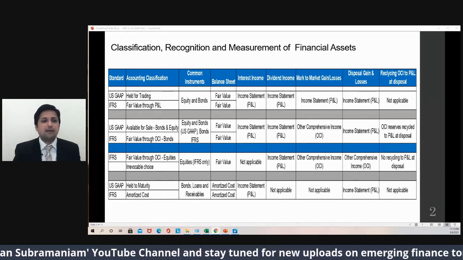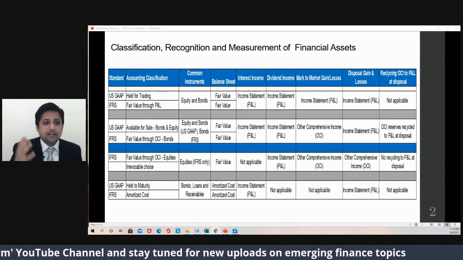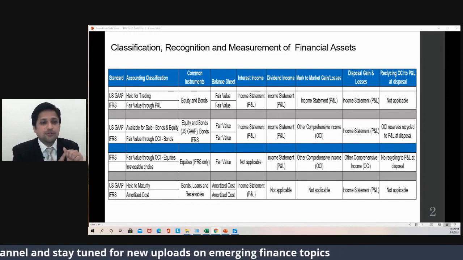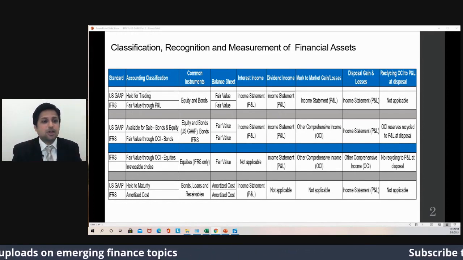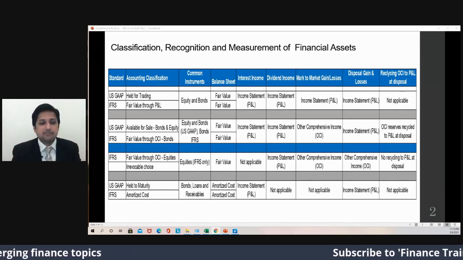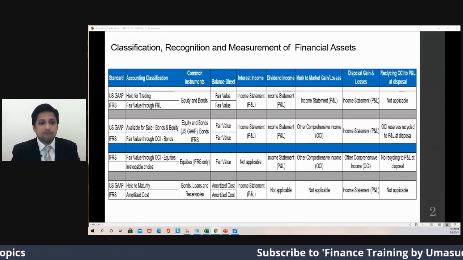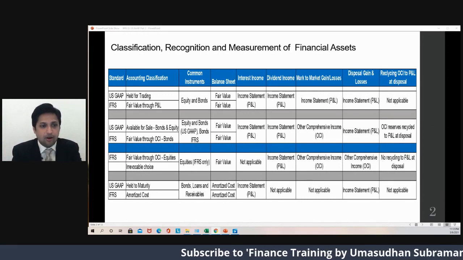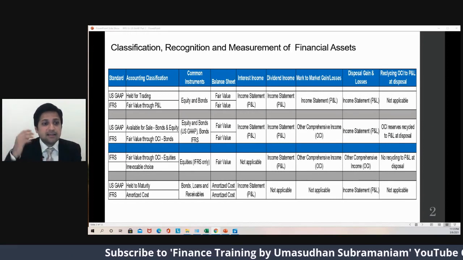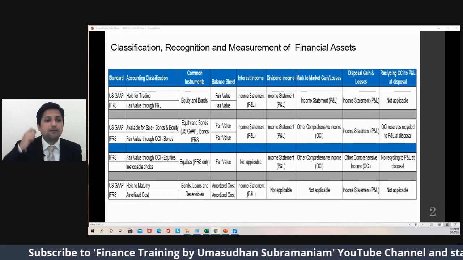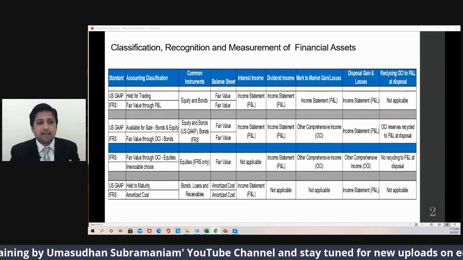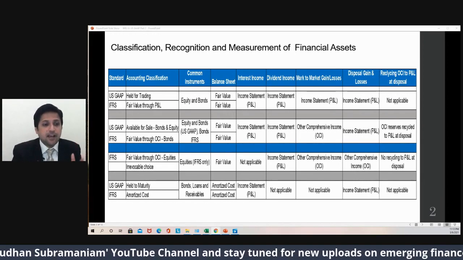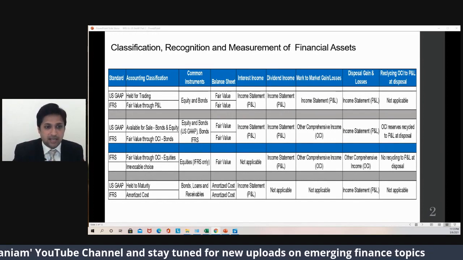So what's going to happen is that when it comes to fair value through OCI equities, initial measurement of these equity investments must be at cost, and the company needs to make an irrevocable choice to account for these equity investments at fair value through OCI.